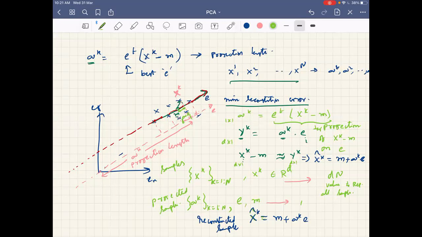Fine. So now tell me, how many values are required for representing the projected samples? N cross 1. Okay, for all the samples I need only n values to represent.